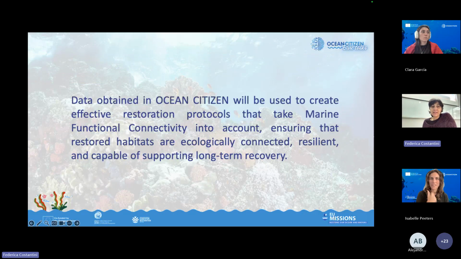So data obtained in Ocean Citizen will be used to create an effective restoration protocol that takes marine functional connectivity into account, ensuring that the restored habitat will be ecologically connected, resilient, and capable of supporting long-term recovery.